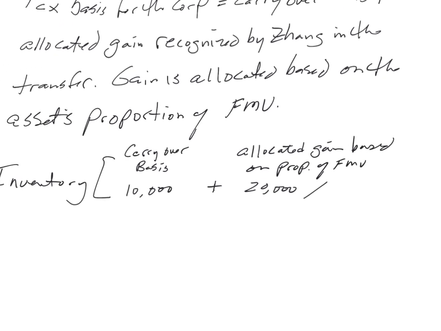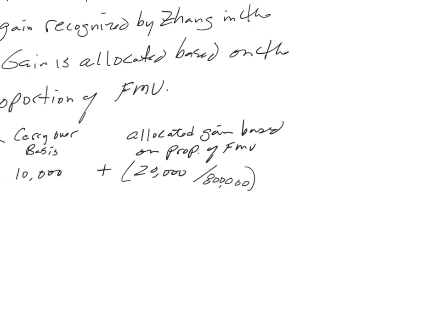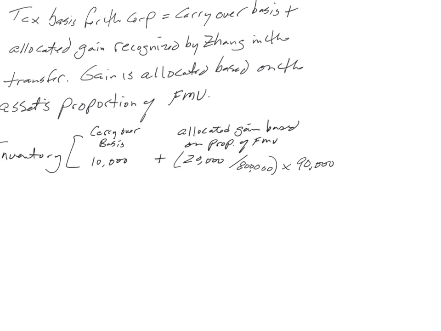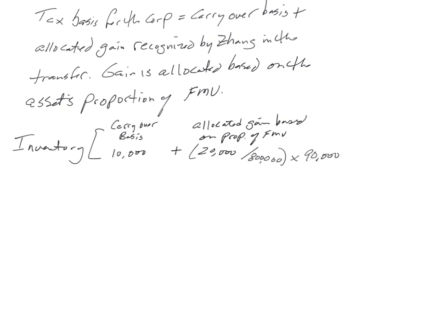So let's put that in here. Make sure I get the right amount of zeros in there. Okay. And remember, the total gain was $90,000. So you're allocating that gain based on a ratio. All right, so I'll squeeze that a little bit so you can see the total ratio. I'll close my brackets. Okay.